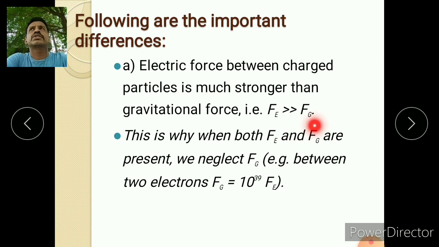This is why, when both Fe and Fg are present, we neglect Fg. Between two electrons, Fg is 10 raised to power minus 39 Fe, which means the electrostatic force is 10 raised to power 39 times greater than the gravitational force.